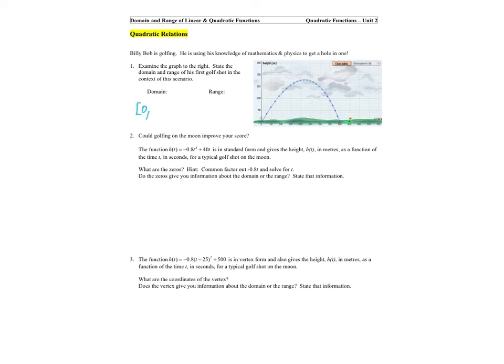Your maximum value of x is right here at 400. There's no arrow because once it hits the ground, it's not going to go down below the ground. So the maximum x value is 400.